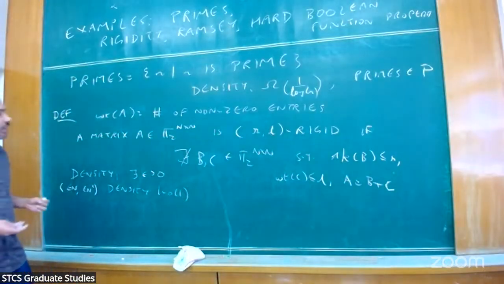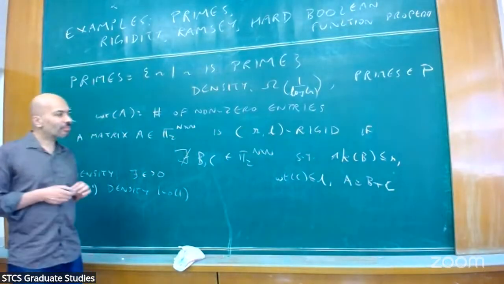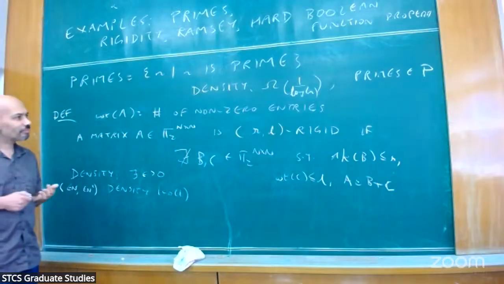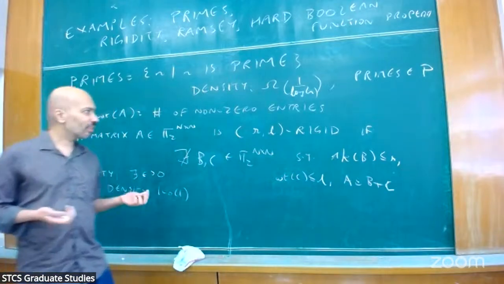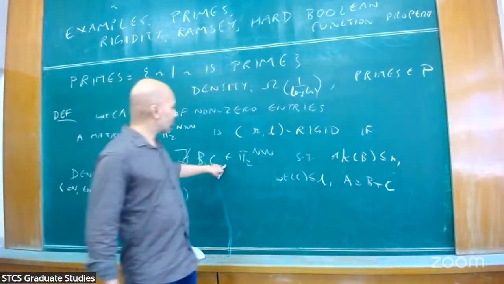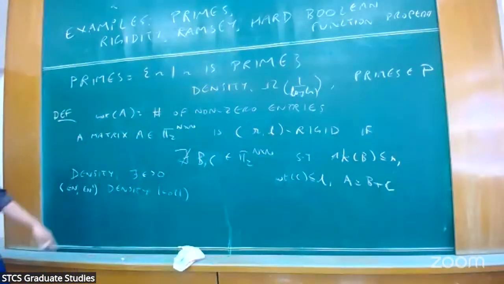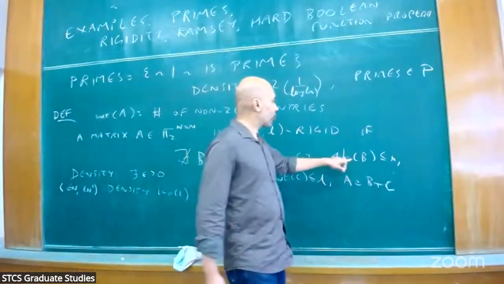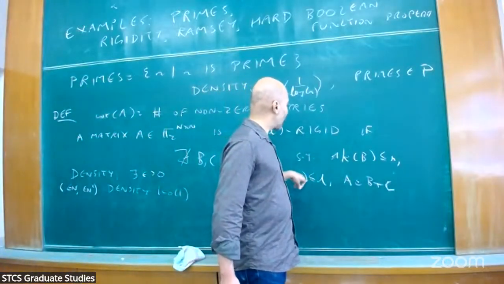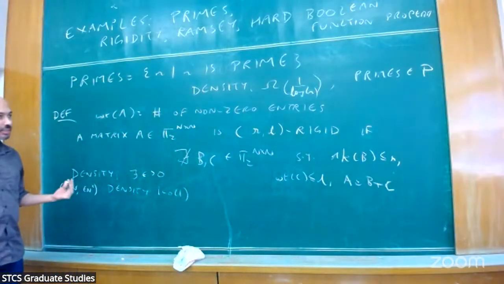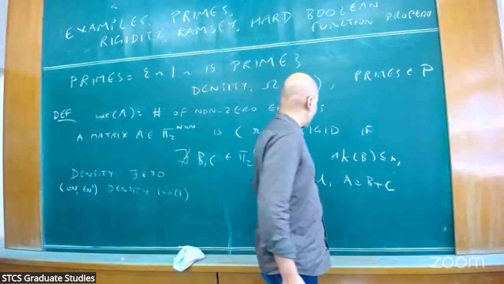And how about the complexity? What's the best complexity upper bound you think can be achieved for rigidity? If you look at this expression, it says for all B and C, such that the rank of B is small and the weight of C is small, A is not equal to B plus C. It's easy to check that A is not equal to B plus C, and these conditions are easy to check too.